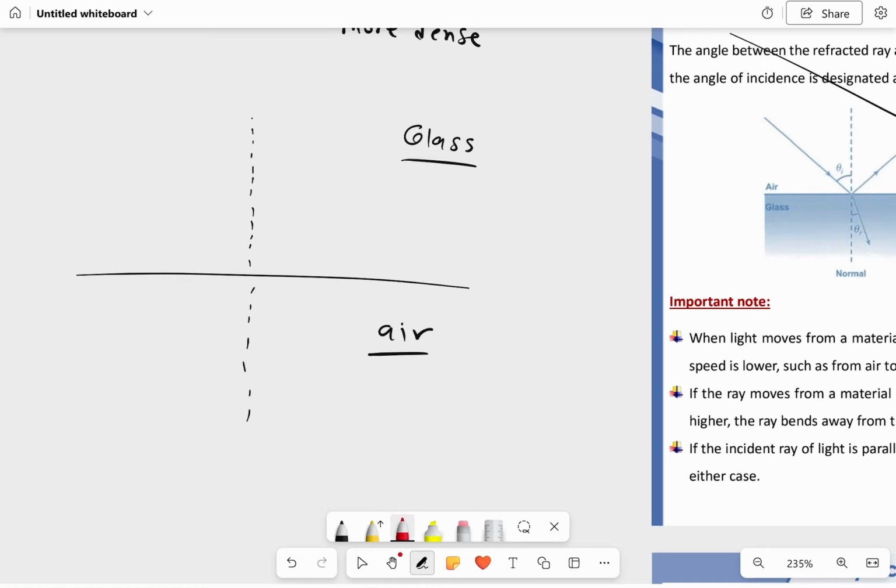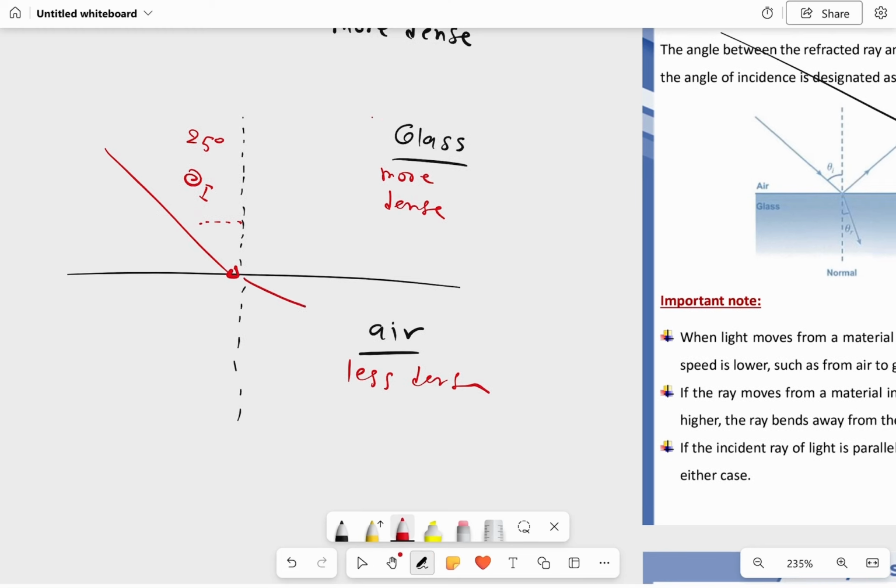Now, if we have an incident ray here like this, and this is theta I, and again, let's say this is equal to 25, this ray is going to be refracting. Now, if the ray is going from a medium which has a high density, so this is more dense, and this one is less dense, then the refracted ray is going to be bending away from the normal line, okay?